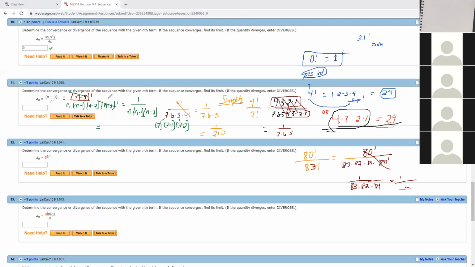Any questions here, class, of just simplifying it? So this is just to simplify. Any questions there? No.